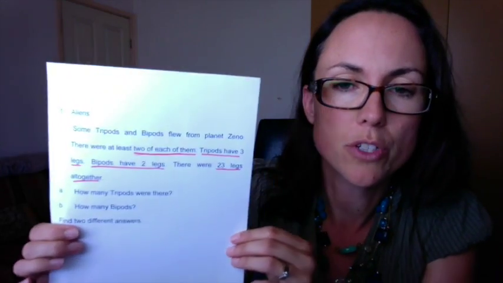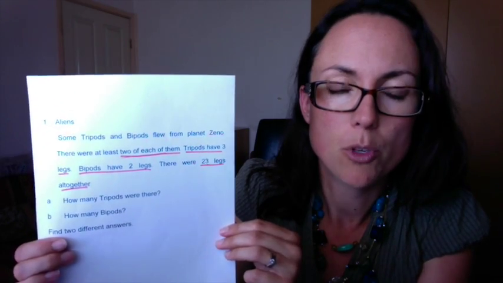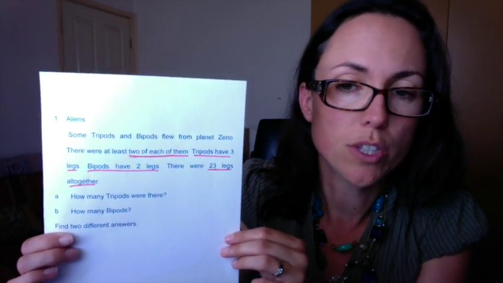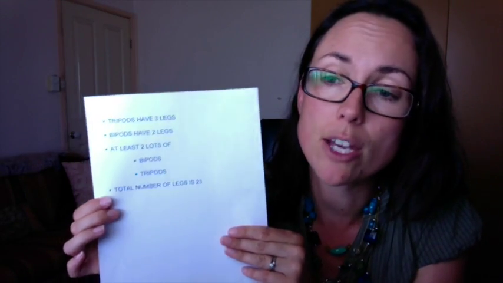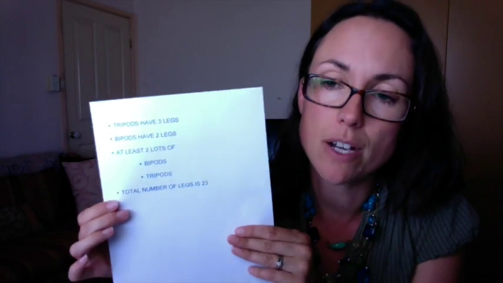So this is what your question sheet should look like, and then after we've highlighted the important information, we are going to write down on another bit of paper the important information. That will actually help us understand and devise a plan. So with Euler's four-step model, the next part is devising a plan.